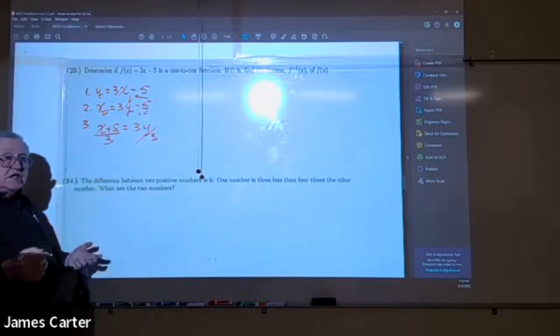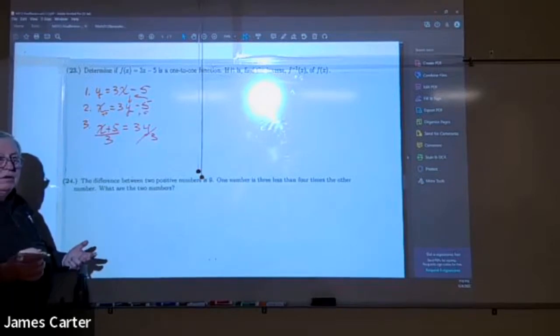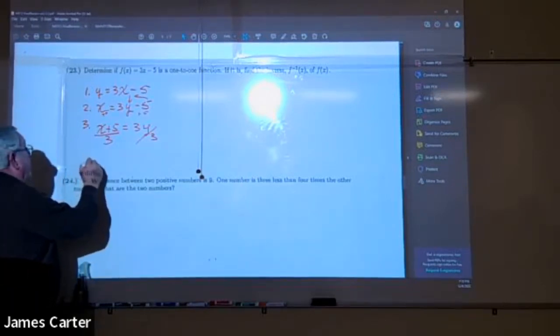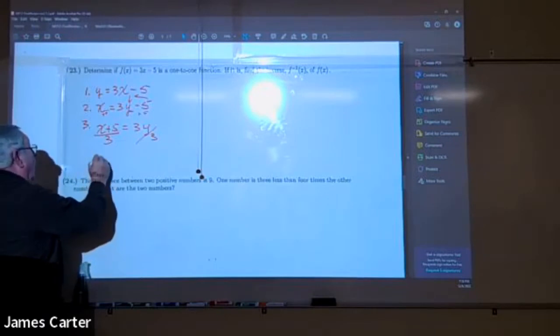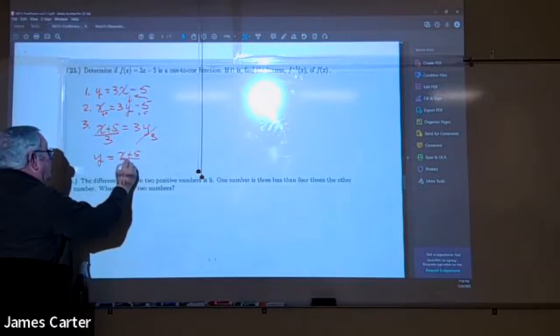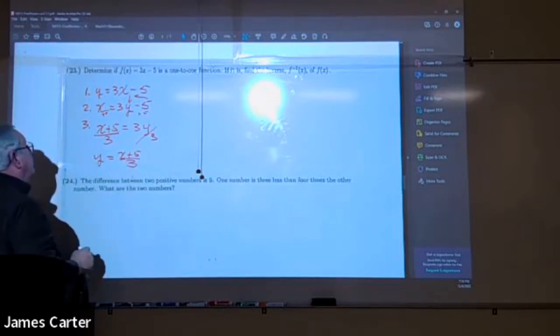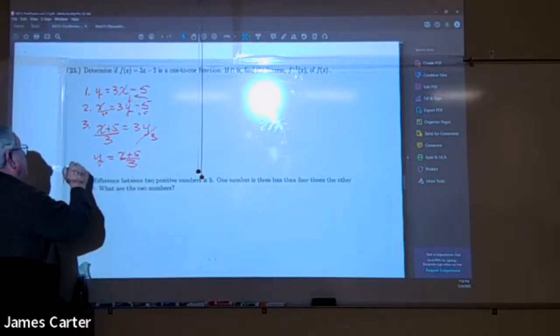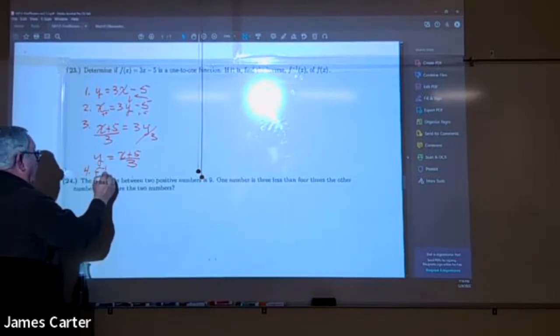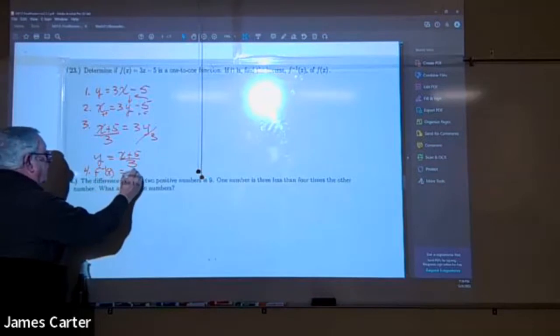It really doesn't matter. Okay, so we now have y equals x plus 5 over 3. So we have accomplished step 3. Step 4 then is just simply replace y with the f inverse notation.